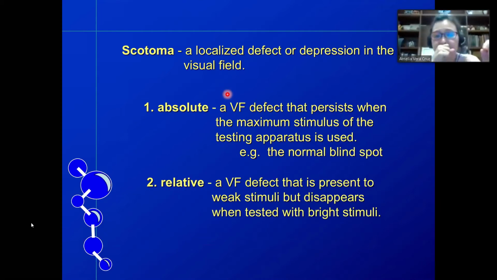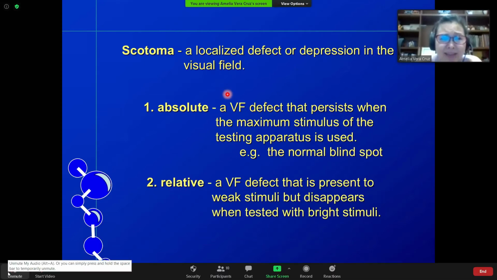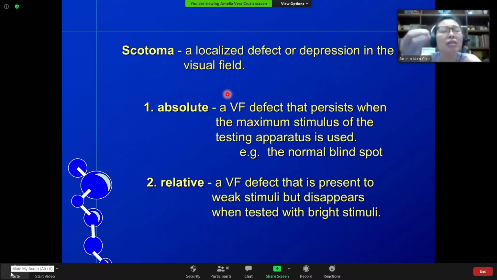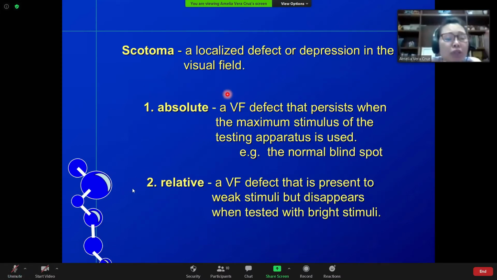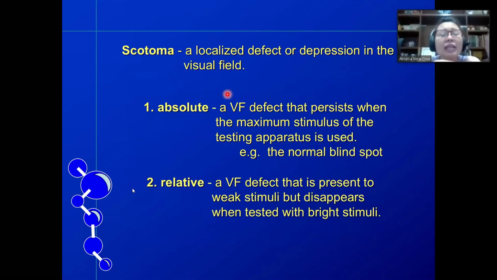Okay? Example of that is your blind spot. Your blind spot corresponds to your optic nerve. Your optic nerve does not see. It is just the bundle of your optic nerve there, but the receptors are not there. Okay? Now, even if you shine the brightest light on the optic nerve, that optic nerve will never see your light because it has no photoreceptors. Okay? So, that is your normal blind spot.